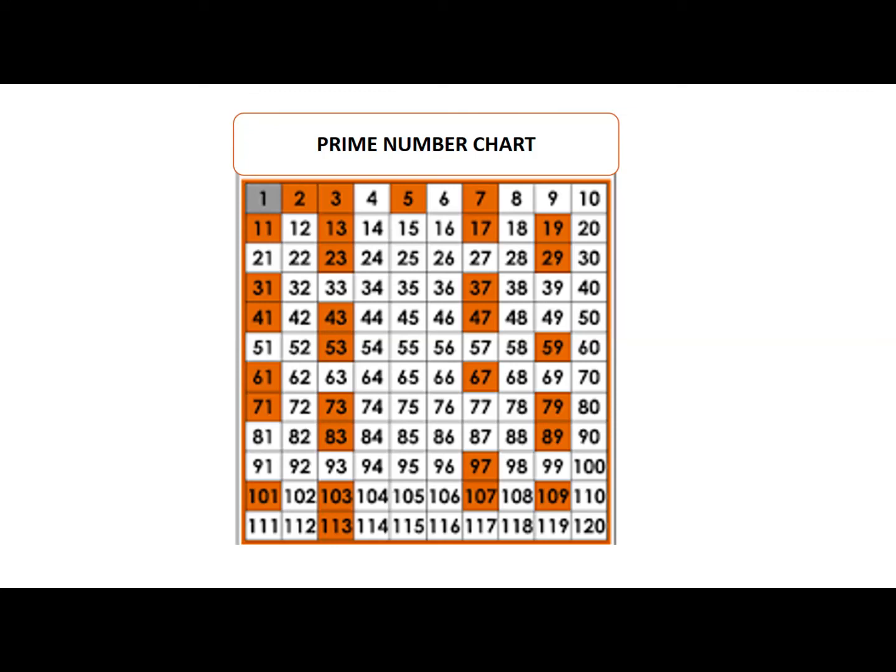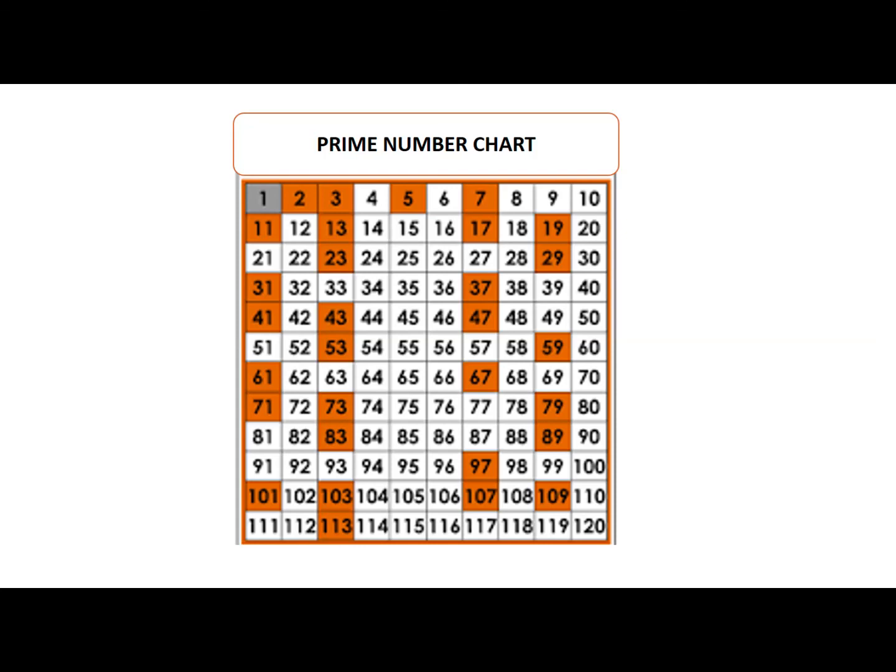Next activity. Here we have a prime numbers chart from 1 till 120. Students, it is a little bit difficult to find all the prime and composite numbers from 1 till 120, but with the help of this chart you can easily find them. Look at this chart carefully.